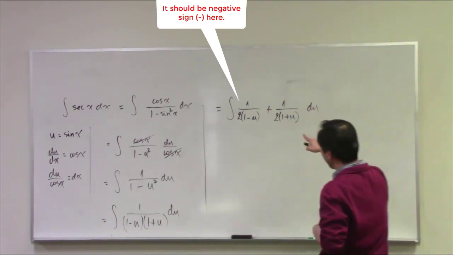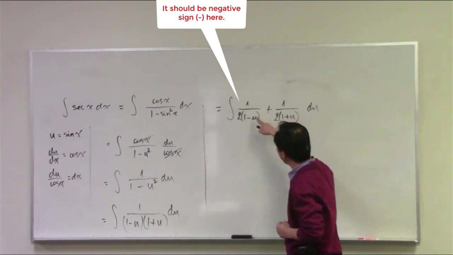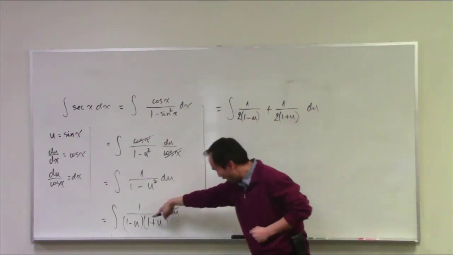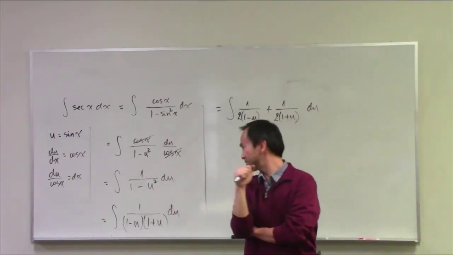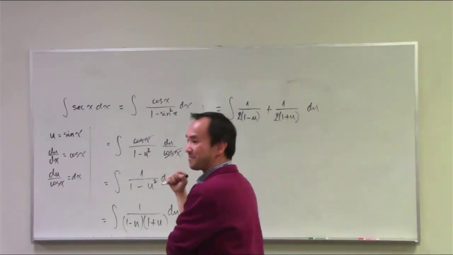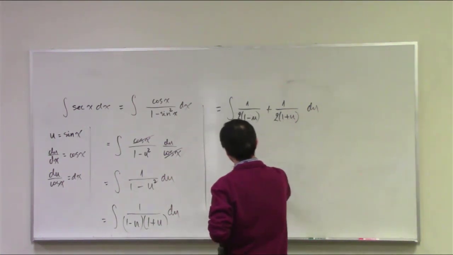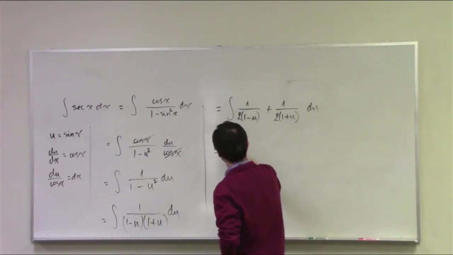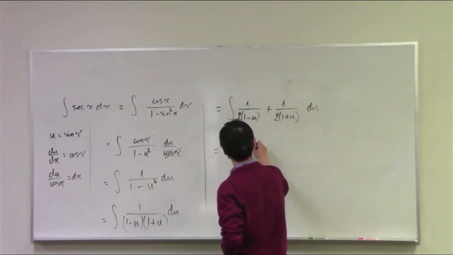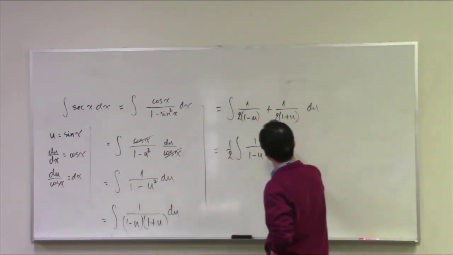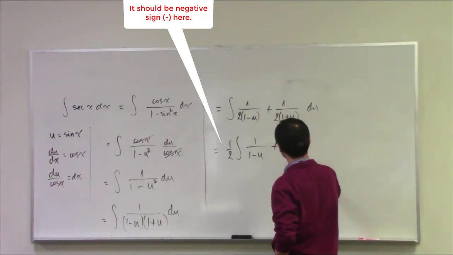You can quickly double check that by adding a common denominator, and it should come back to 1 over 1 minus u times 1 plus u. So factoring out a 1/2, that turns into two separate integrals: 1 over 1 minus u plus 1 over 1 plus u.